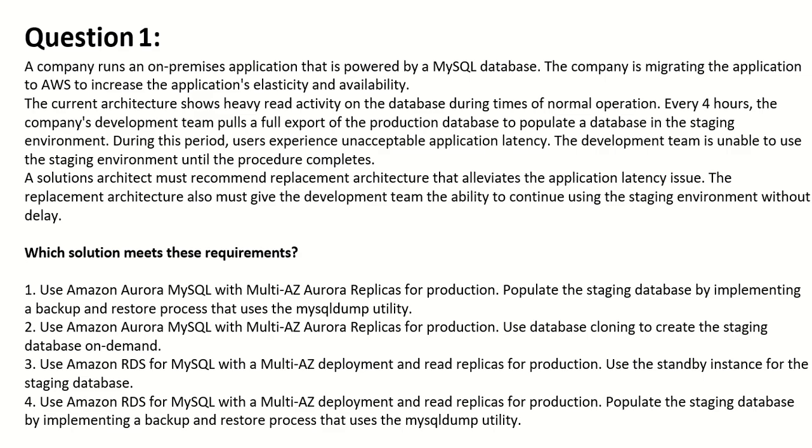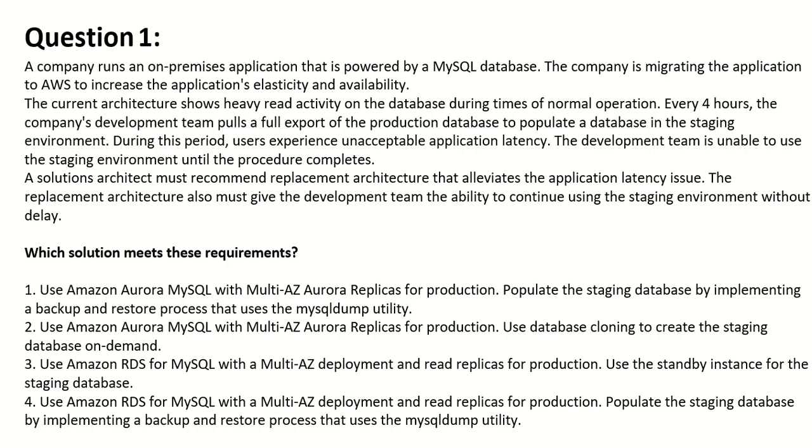Question one says a company runs an on-premises application that is powered by a MySQL database. The company is migrating the application to AWS to increase the application's elasticity and availability. The current architecture shows heavy read activity on the database during times of normal operation. Every 4 hours, the company's development team pulls a full export of the production database to populate a database in the staging environment.